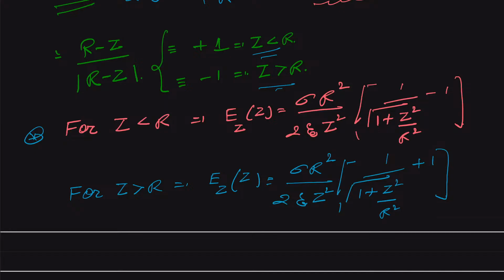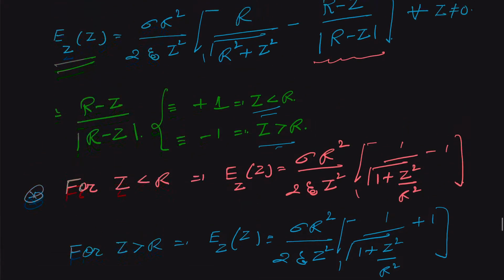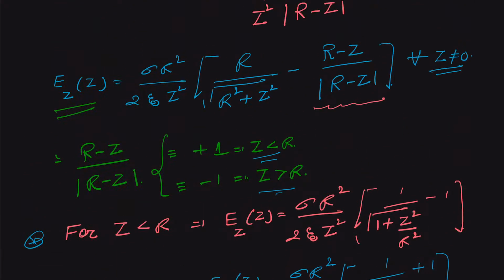So this is our electric field depending upon whether the point z is greater than r or less than r, but the point cannot be equal to 0.